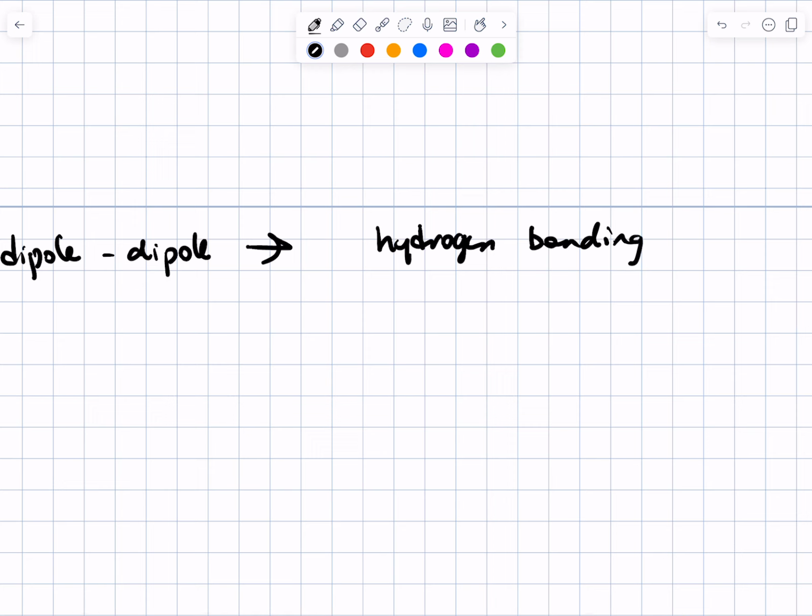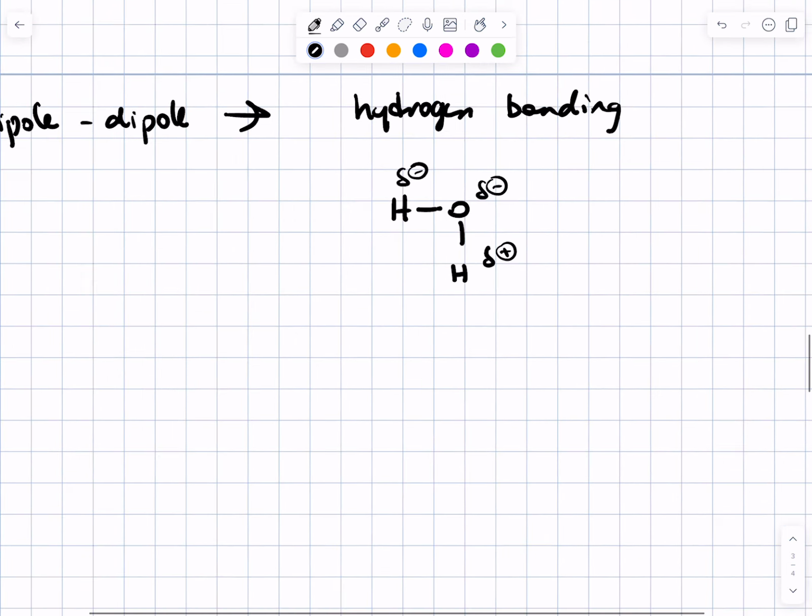So what is a hydrogen bond? This is an interaction between the electron poor hydrogen in, say, a molecule that has a polar bond between oxygen and hydrogen, and I'm going to use a dotted line to indicate this interaction, and the electron-rich atom of another molecule.